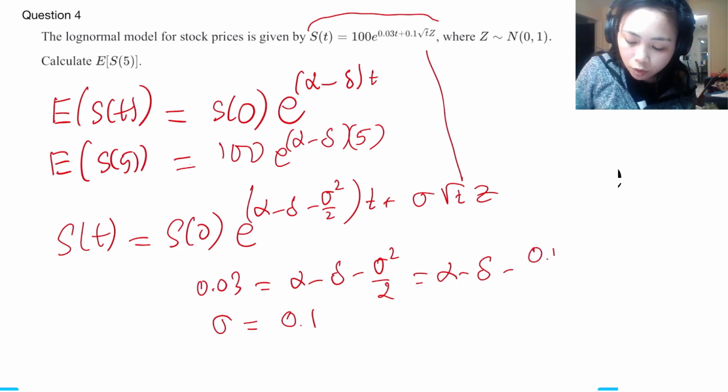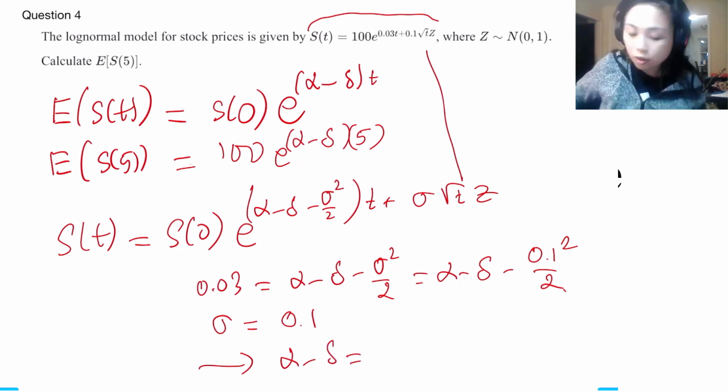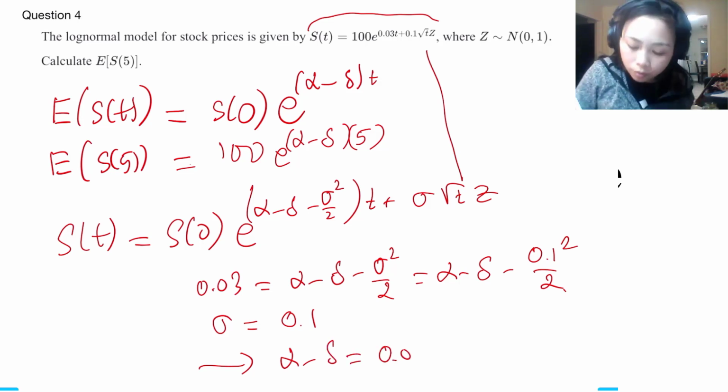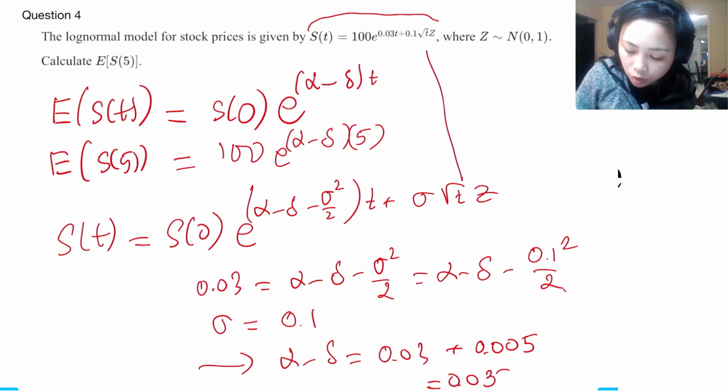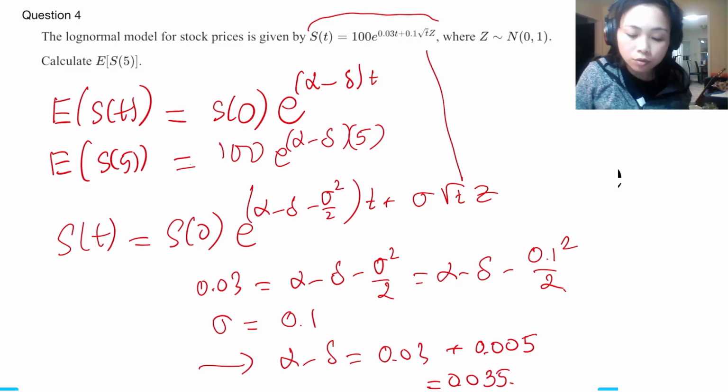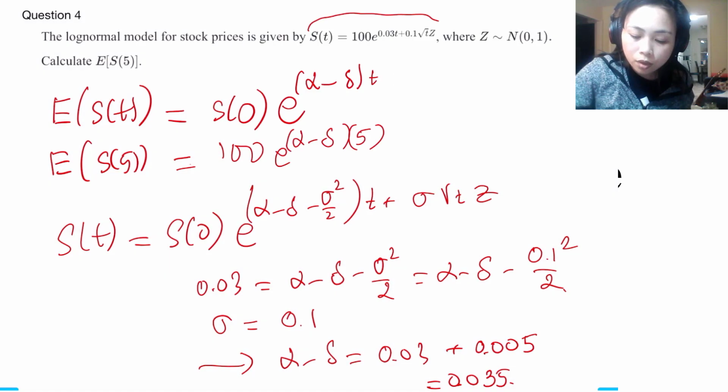And from here we use this to put into the equation right here. I'm gonna use different colors so you can see it. Alright, so from here we have to put it into the equation. 100 times e to the 0.035 times 5, right? Times 5, and the answer is, let's see, e to the 0.035 times 5 times 100. It should be 119, right?